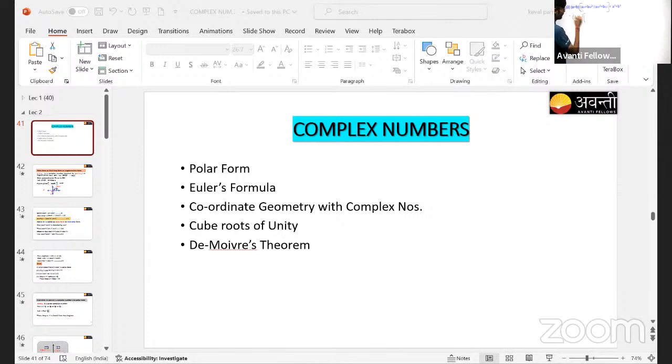So I'll get a square omega cube plus ab omega square plus ab omega raised to the power 4 plus b square omega cube. So omega cube is 1, gone, 1, gone. So I got a plus b.